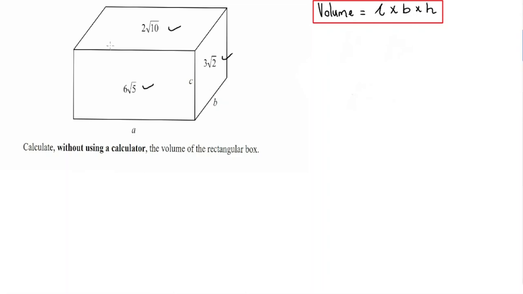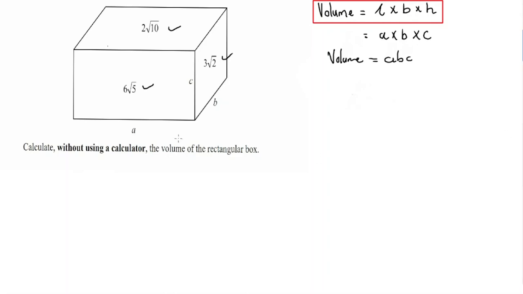Now, in terms of this given rectangular box, the volume is equivalent to A times B times C, where A is the length, B is the breadth, and C is the height. Now the volume becomes ABC when expressed in a simpler form, right?